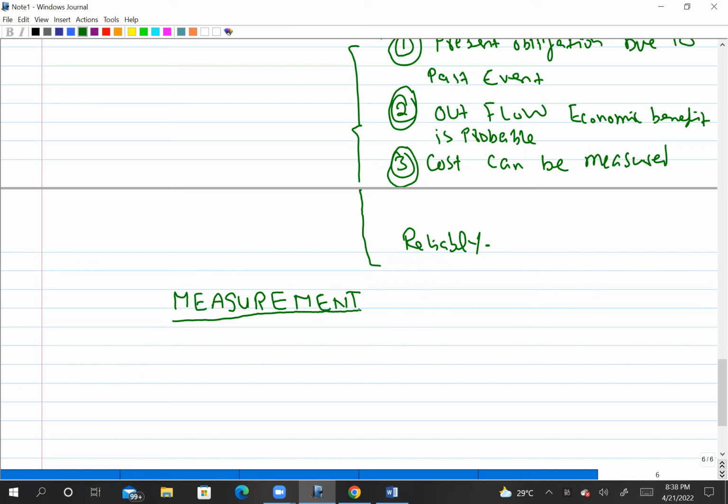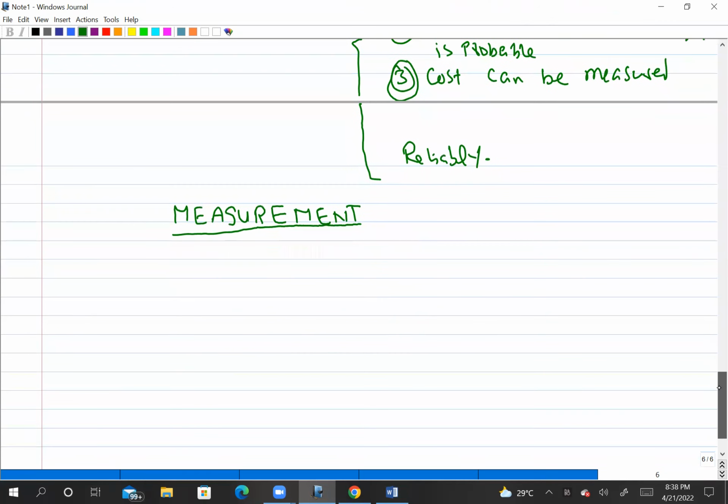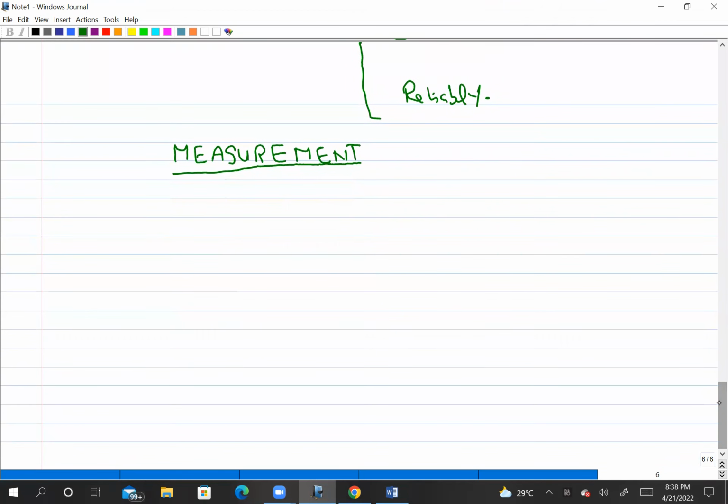Now we have the measurement. When the conditions of recognition are fulfilled, then there will be a question of how a provision should be measured. Dear students, the standard says the amount at which we measure the provision should be a best estimate.